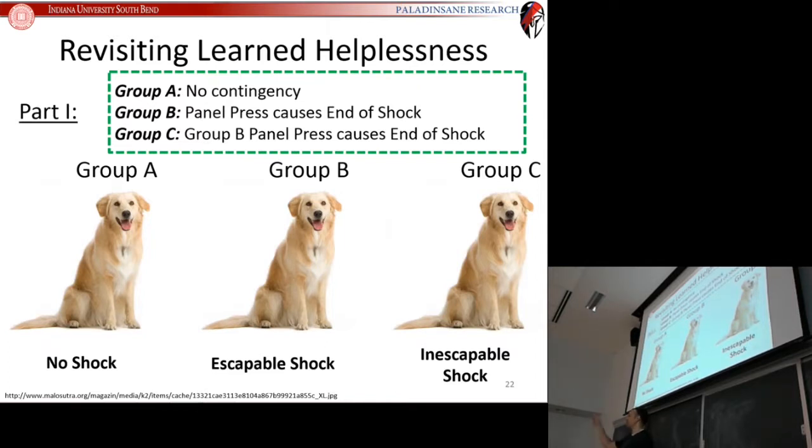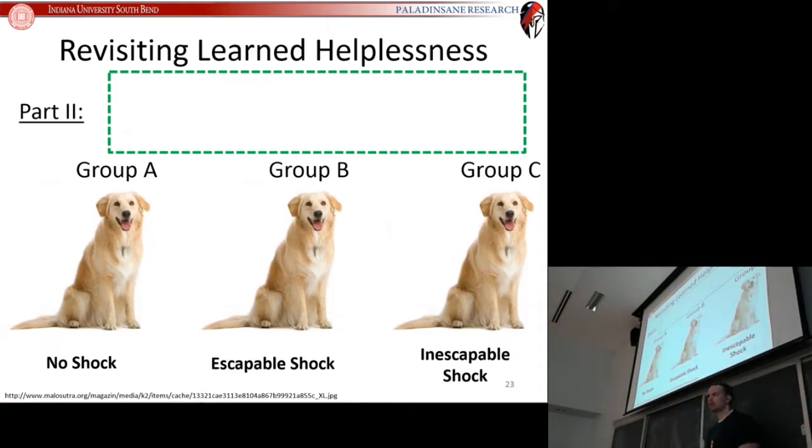So remember that they were shocked for exactly as long as Group B, because Group B's panel turned off the shock in both rooms. So they were under a contingency, but they weren't in control of it. It was that Group B's event causes the probable end, 100% in this case, of their own shock. And in part 2, what were the contingencies that the groups were under?